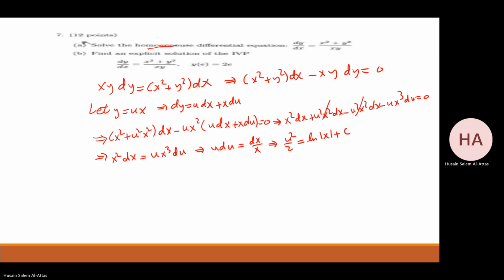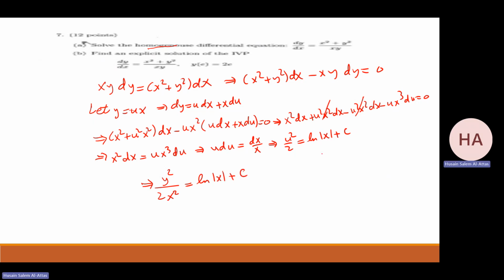This one. Let me be careful about the calculation. u squared, u is what? u is y over x. So I have y squared over 2x squared equal ln absolute value of x plus c.